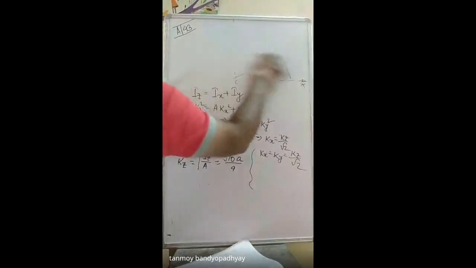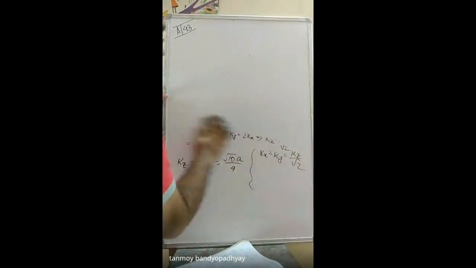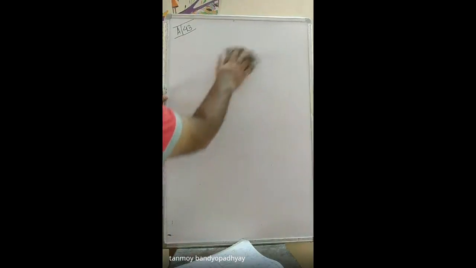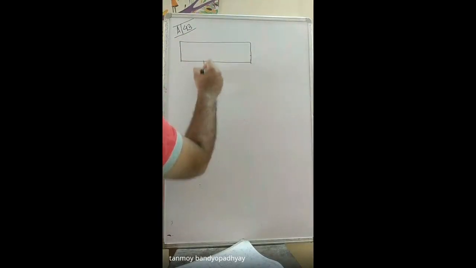This is the I section, and in an I section maybe you will get a problem with values for the sides of the I section. We are doing the generalized problem so that you are able to understand the basics of how to solve this problem.